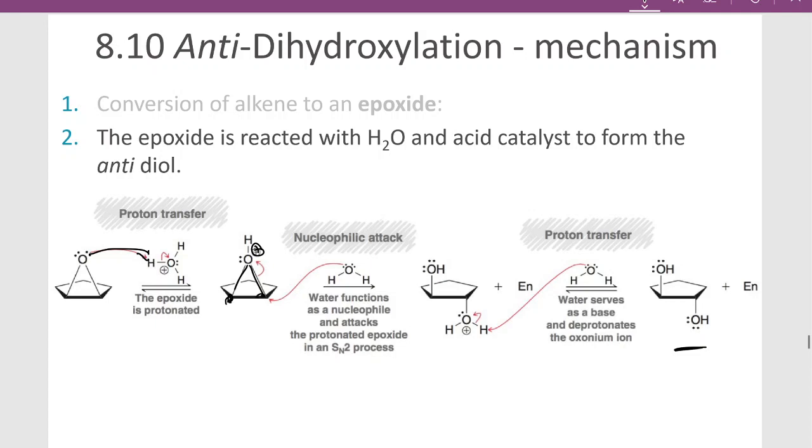So the carbons are going to be susceptible to nucleophilic attack. So water functions as a nucleophile to attack the three-membered ring and open the ring. That's why we get anti-addition of these oxygens. So we have this positively charged intermediate that can be deprotonated to give us our product, which is the trans diol.